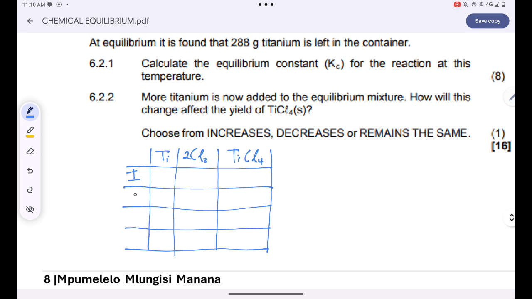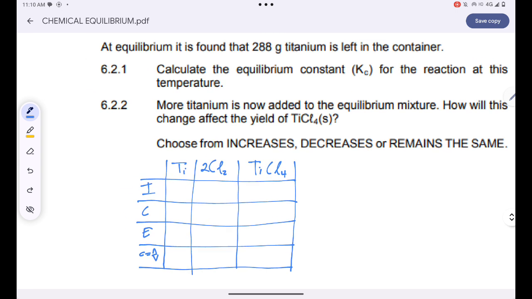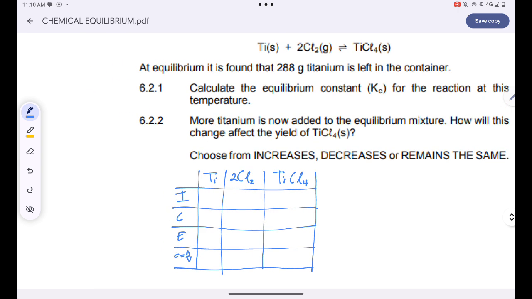Since we are given the mass, all we have to do is change that mass into number of moles.